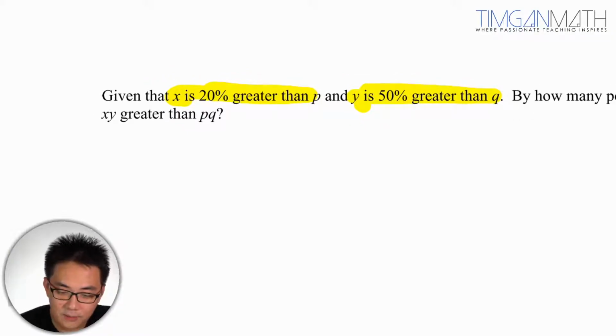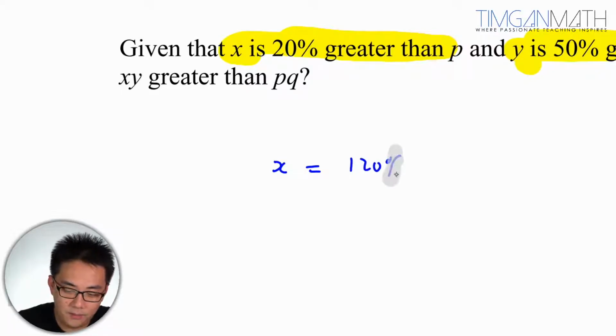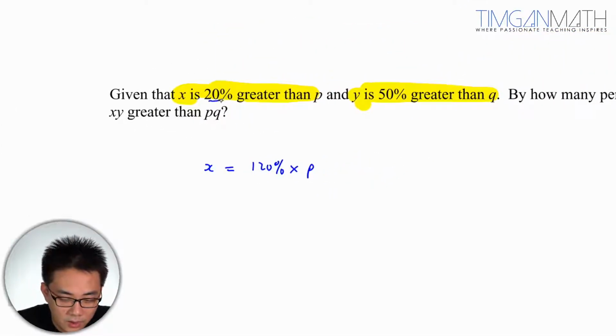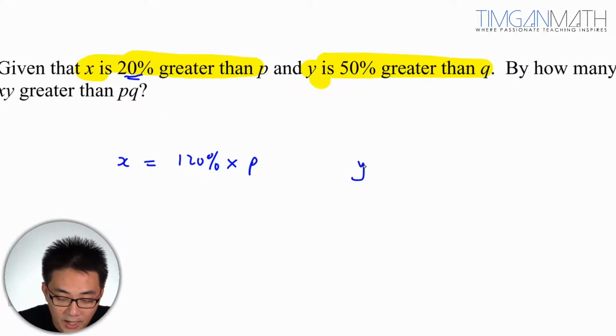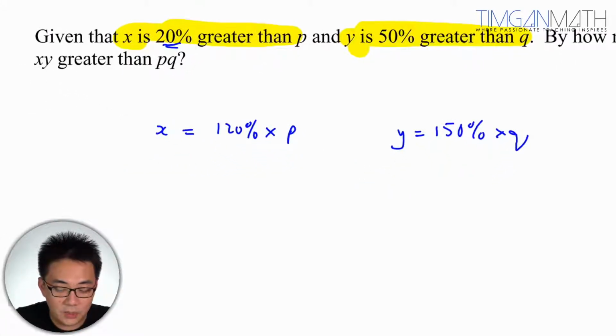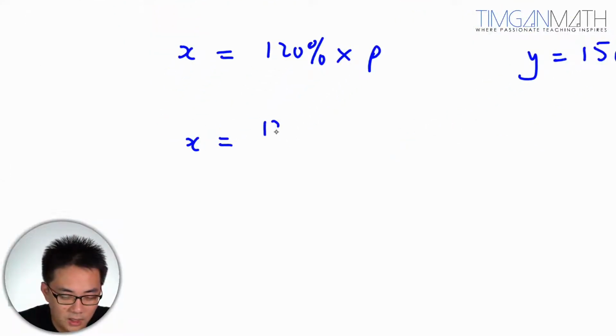x is 20% greater than p, meaning x is equal to 120% multiplied by p. And y is 50% greater than q, so in other words, y is equal to 150% multiplied by q. That makes sense, right? But I prefer to deal in decimals instead of percentages, because percentages don't look very appealing when you're multiplying.